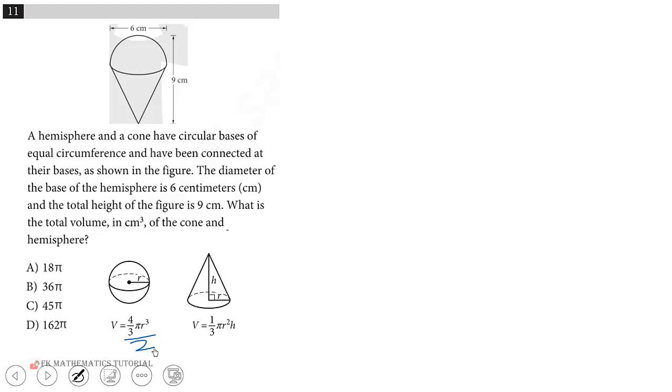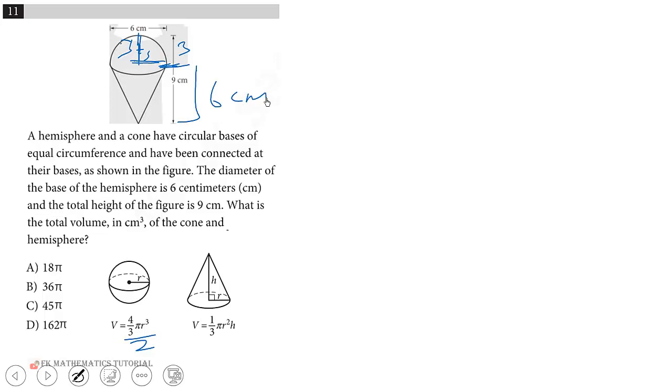Since from here to here is 9, and from here to here is 3, which is the same as 3 here because the radius is half of the diameter, and this is also 3, the height of the cone is 6.